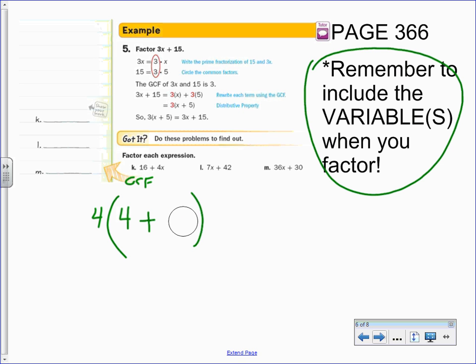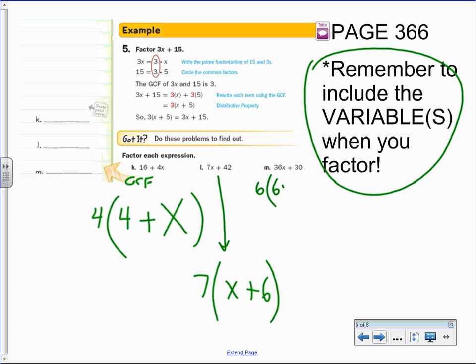X times 1 is still x. So you don't have to write 1x, you can just write x. Same thing here. GCF is 7, so 7 on the outside, 7 times (x plus 6). A lot easier, right? This one, GCF is 6. 6 times 6x is 36x. 6 times 5, 30.